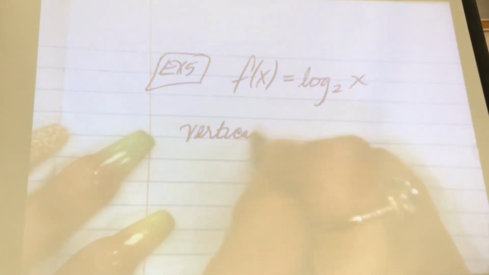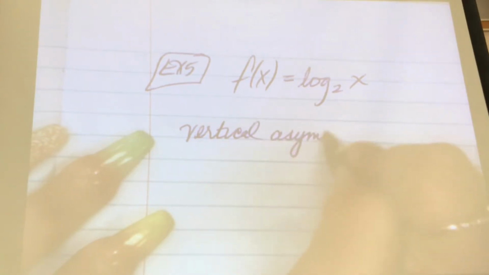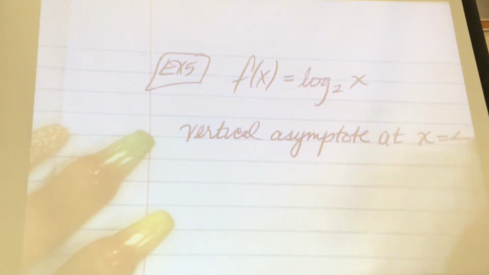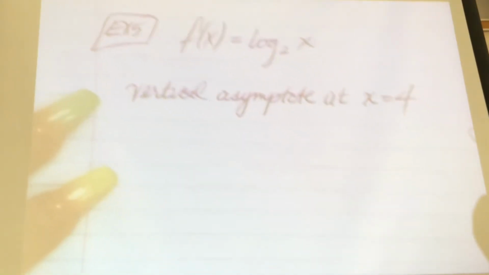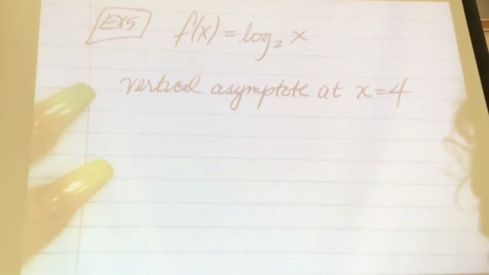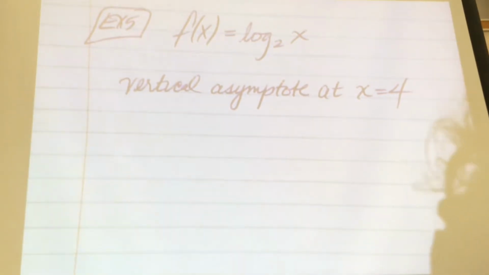Let's say that it has a vertical asymptote at x equaling 4. We know from yesterday what a function looks like if it has a vertical asymptote at x equaling 4.